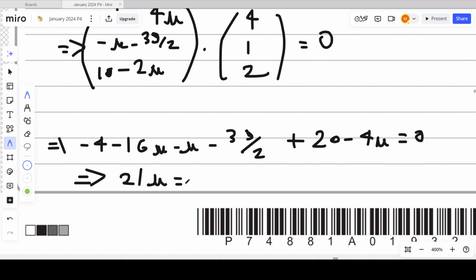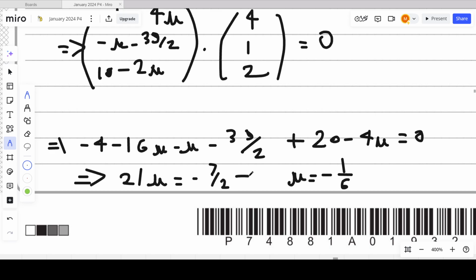Exactly. So this is negative 7/2. So negative 7/2, divide, okay, we will do the divide later on in the next line. Then make mu the subject. You will get the value for mu, that is negative 1/6.